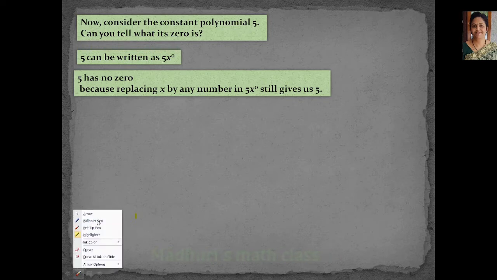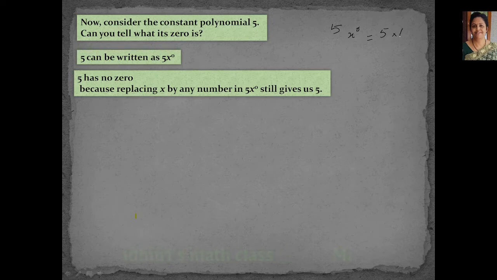So if x is equal to 1, 5 into 1 raised to 0. Any number raised to 0 is equal to 1, so you will get 5. Or you can write 5 into 2 raised to 0, that also is 5 into 1, 5. 5 into 3 raised to 0, that also, 3 raised to 0 is equal to 1.